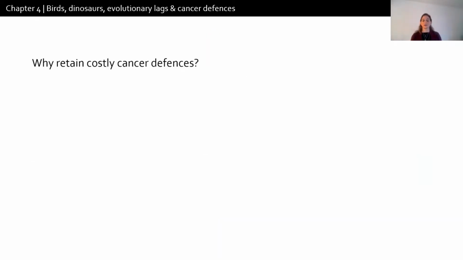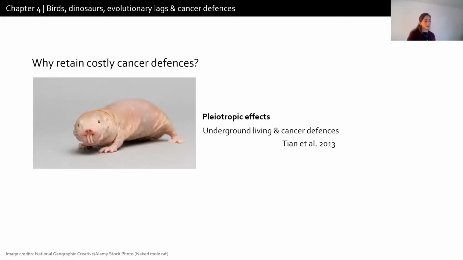So why retain these costly cancer defenses? One idea was that these defenses might have some pleiotropic effects. What I mean by that is, I already told you that naked mole-rats have this thing called early contact inhibition, and they use a special molecule for that, which the researchers think might be co-opted from adaptations to underground living.